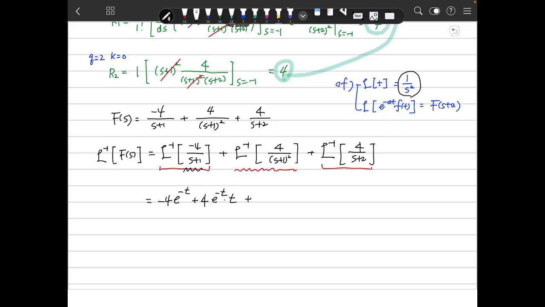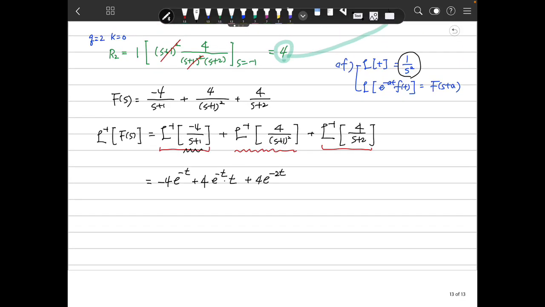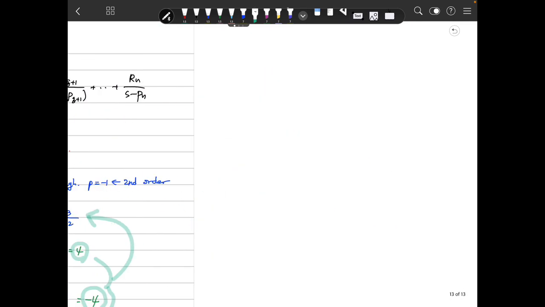And the last thing is 4 exponential minus 2t. So this is the result of the inverse Laplace for the repeated pole. We will have another example.